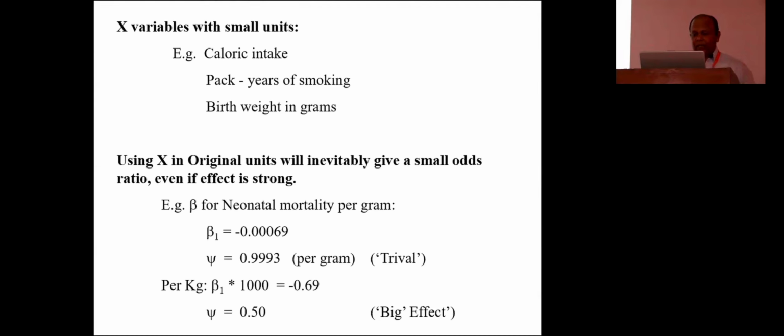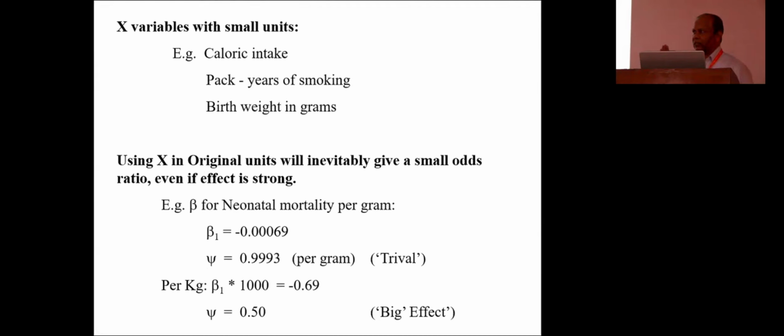So when I say this, for example here, if there is a 1,000 unit change in your X variable, there's a 50% reduction in your odds ratio. Because the regression coefficient is negative, whenever you see a negative regression coefficient in logistic regression analysis, it means it is protective. Odds ratio has to be much lower than 1. So this is 50% protection.